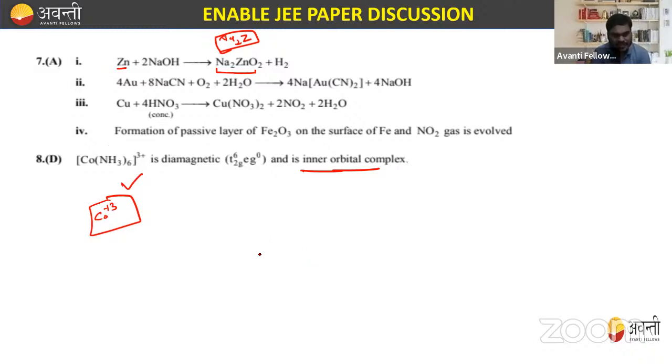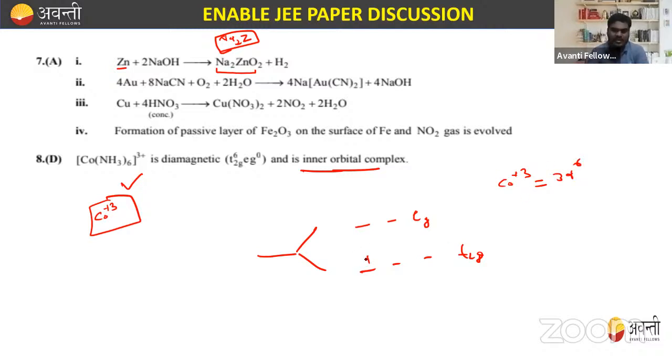And what is the configuration, beta? If I'm talking about CFT, then this is the eg orbital and this is the t2g orbital. In the t2g orbitals, we have cobalt +3, which is 3d6.